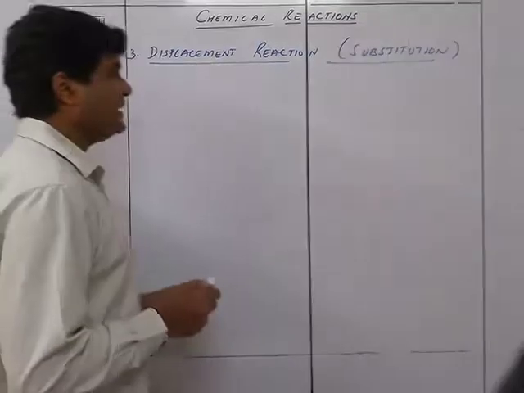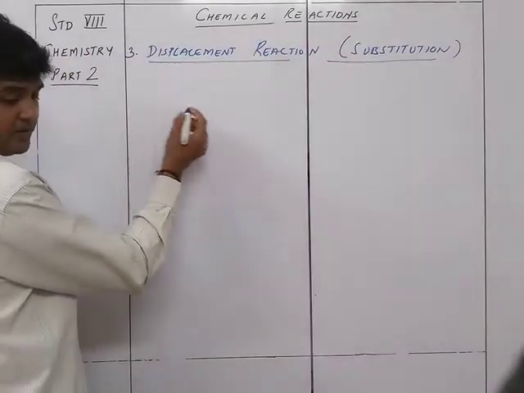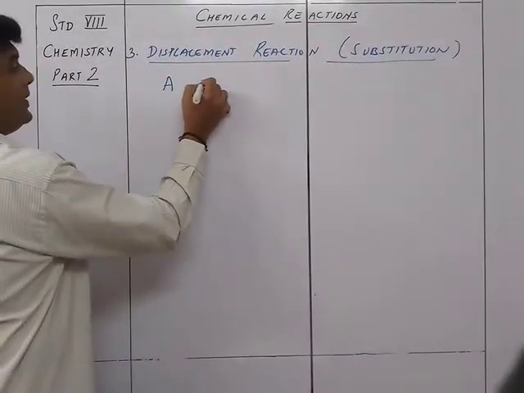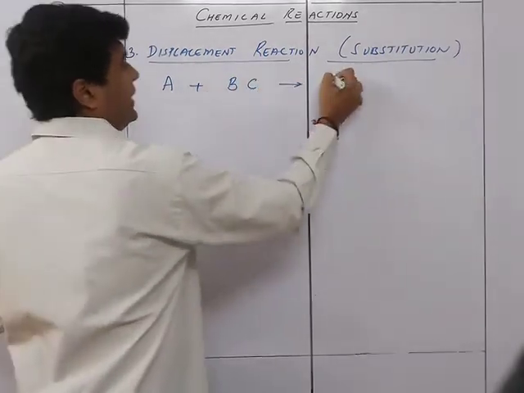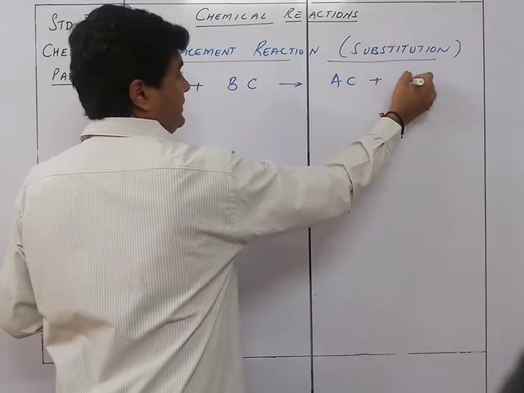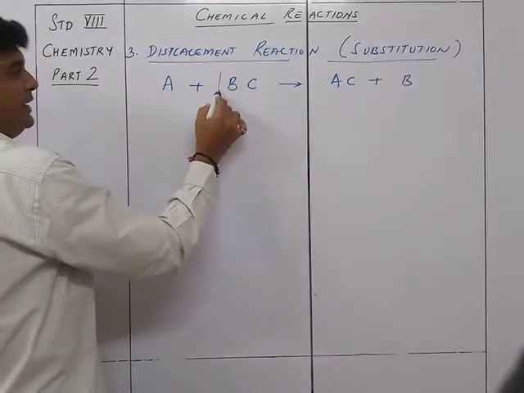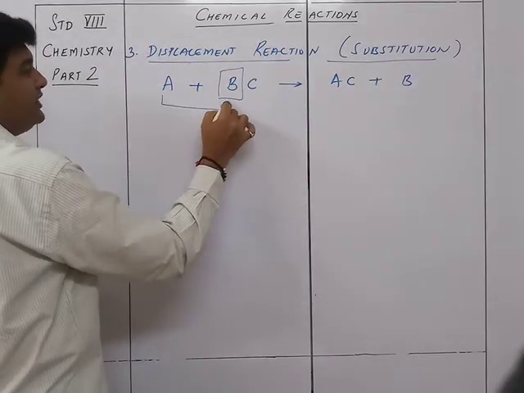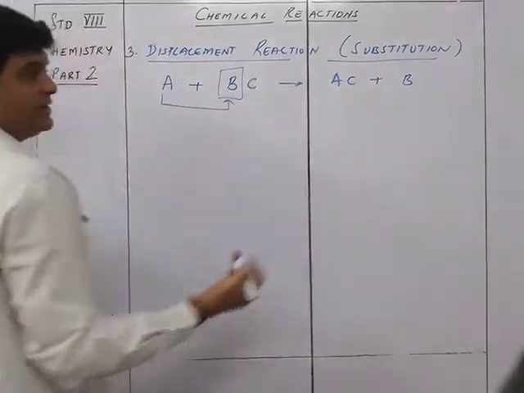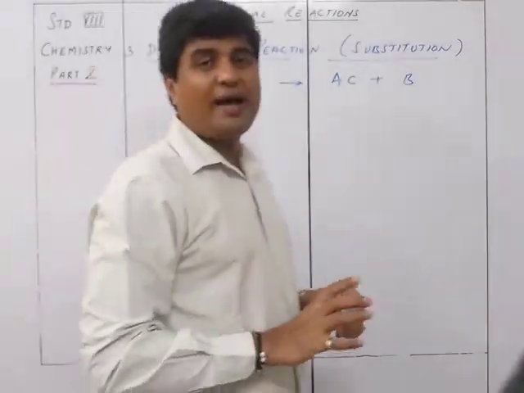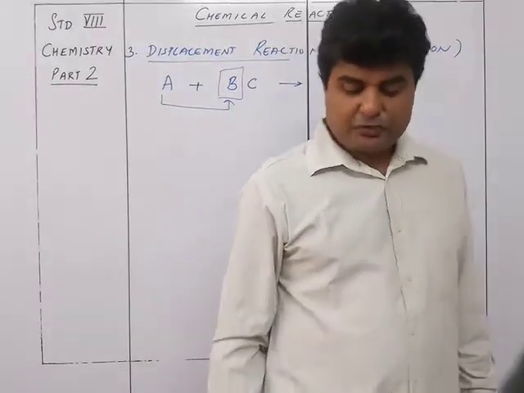We can understand this by a general formula, which will be given as A plus BC giving rise to AC plus B. That means this B is removed or displaced by A, and hence B is going to get separated out. This is called the displacement reaction.